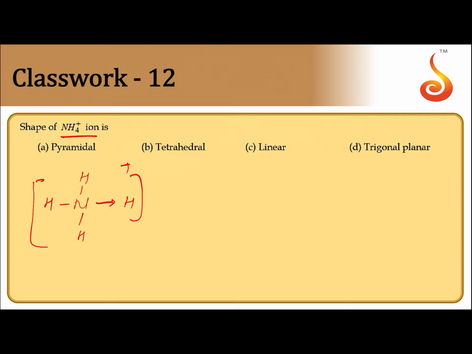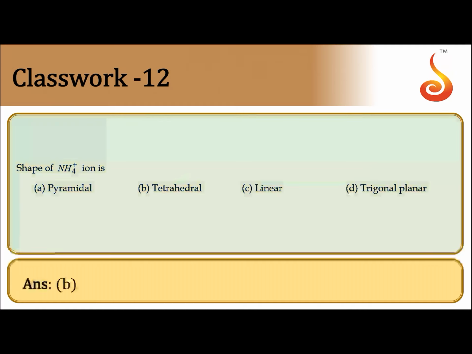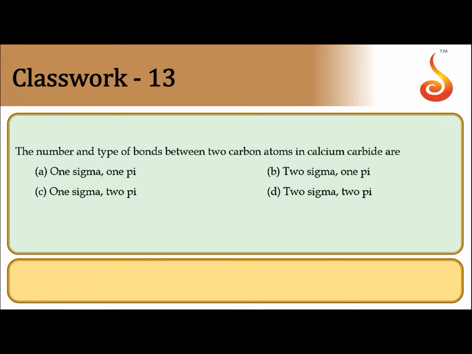Finally we have 4 bond pairs present and 0 lone pairs. When a molecule has 4 bond pairs and 0 lone pairs, there will not be any distortion in the structure. Therefore, the structure is going to be tetrahedral because of 4 bond pairs. 4 bond pairs stands for tetrahedral structure. So the answer is option B in this case.